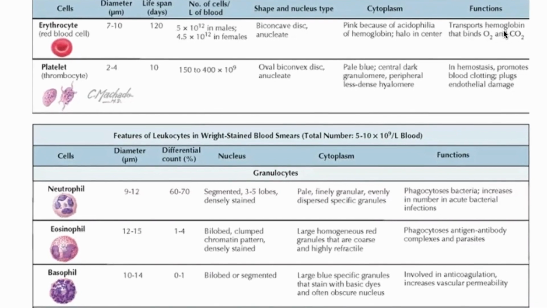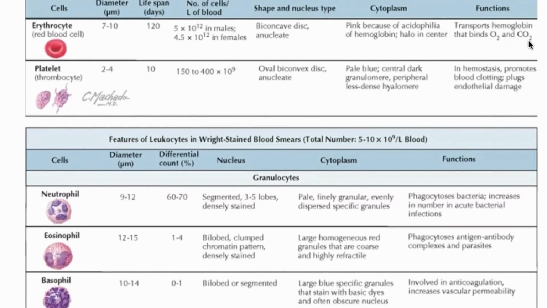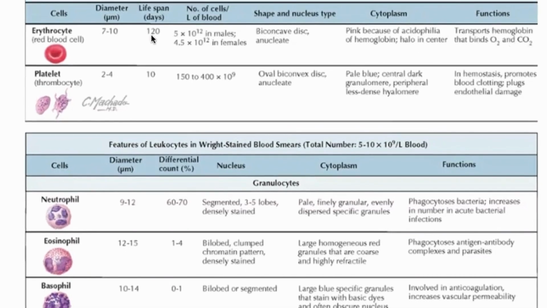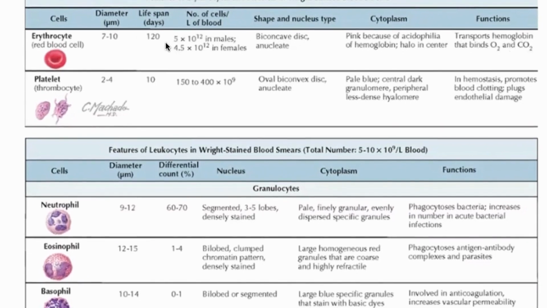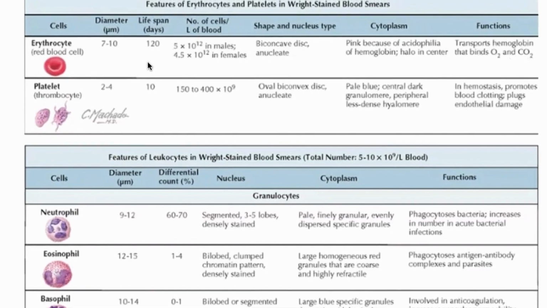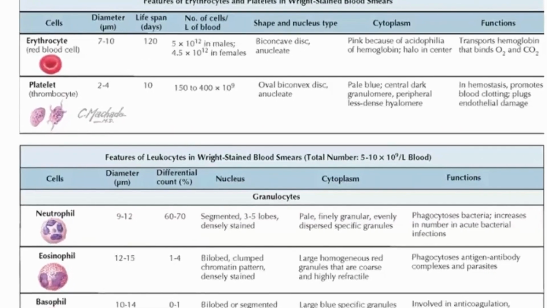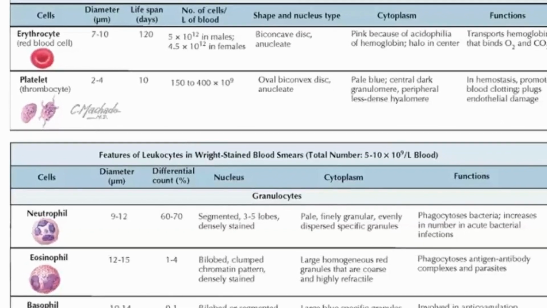So the function is to transport hemoglobin. The hemoglobin molecule is in it and will transport the oxygen and the carbon dioxide. Its lifespan is 120 days, so it usually doesn't live in your body for more than 3 months. So everything, as we say, cells tend to be synthesized and then degenerated or regenerated. Almost everything in your body has to keep changing.